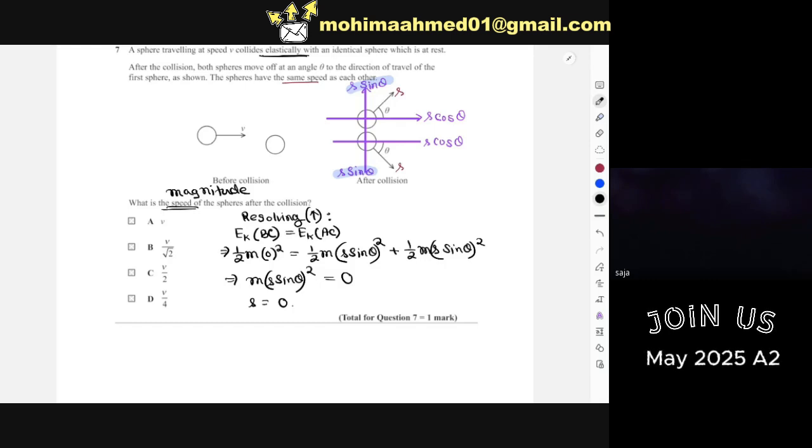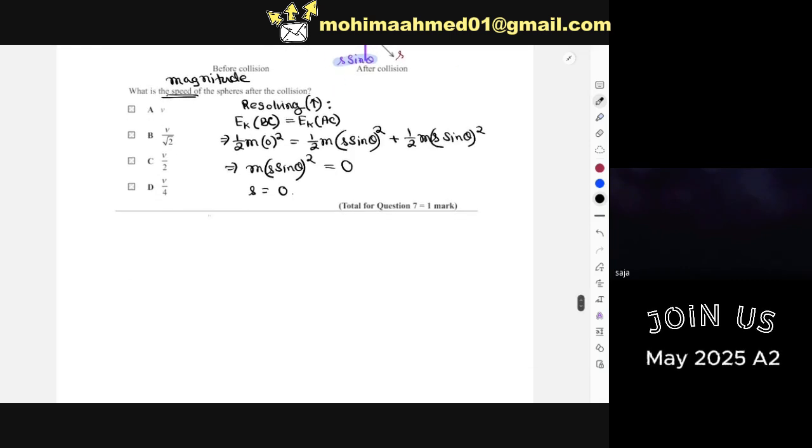Speed is basically a magnitude, and I'm only focused on the magnitude, not the direction. So for the horizontal plane, I'm not going to use the speeds as s sine theta or s cos theta.